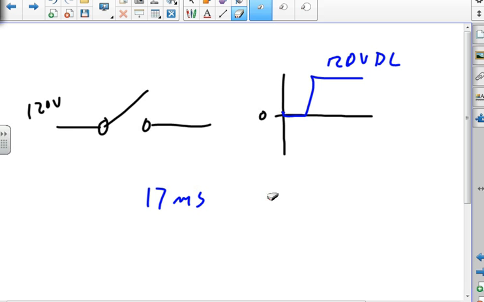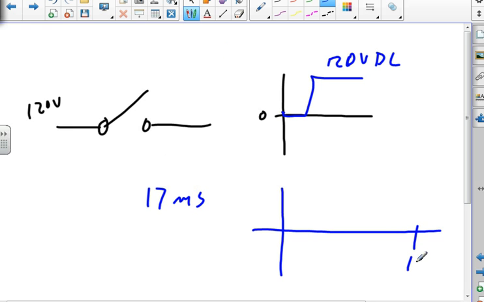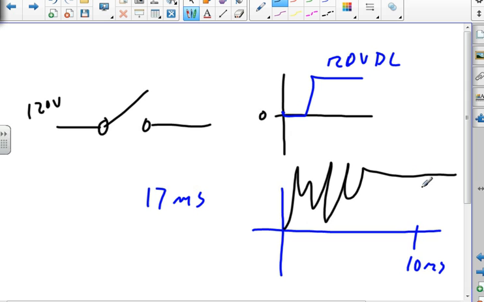So what happens when I close the switch, if I look at it for the first 10 milliseconds or so, what's actually happening is the switch is bouncing off that contact before it firmly heads there. So my voltage is gonna do something like that, and sometime around 10 milliseconds, I'm gonna be at 120 volts.